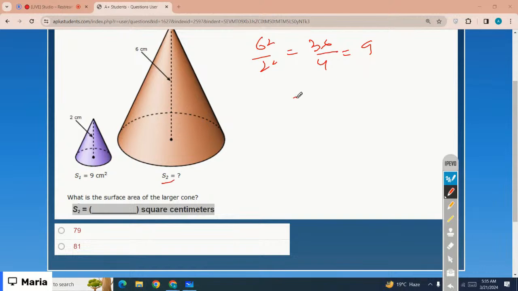So then you have S2 over S1 equals 9. S1 is 9, so you have to now cross multiply. S2 equals 9 times 9, that is 81. So the correct option is 81, right? The correct option is 81. Got it?